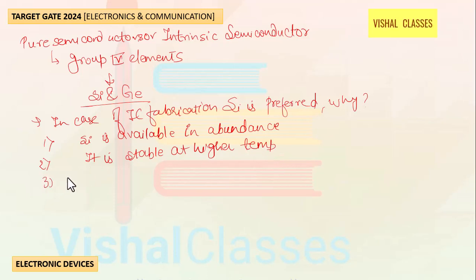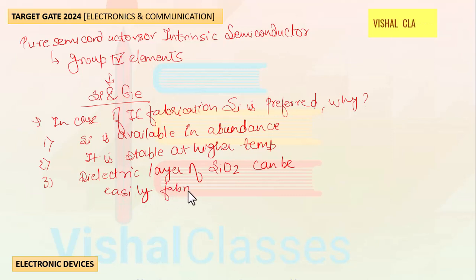Next point, the dielectric layer of SiO2 can be easily fabricated on a silicon chip. Also write one more point.